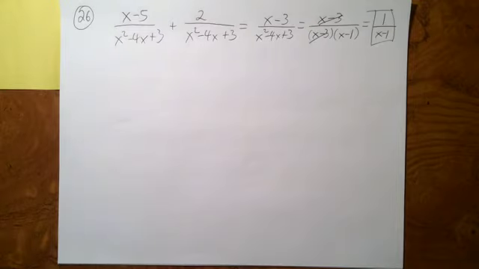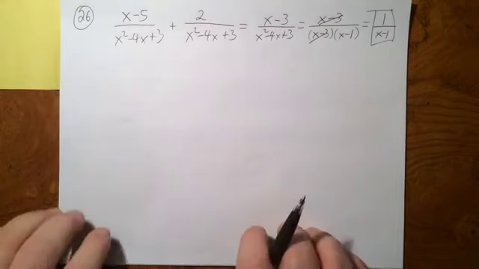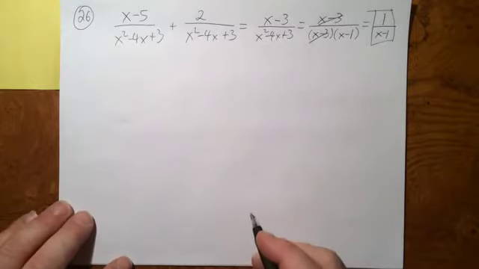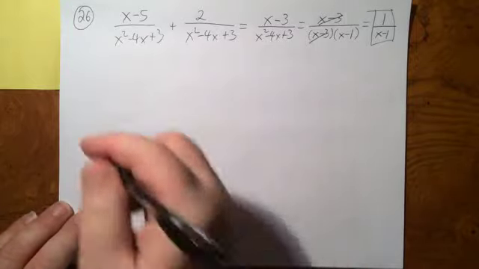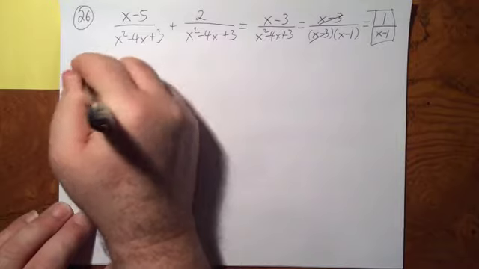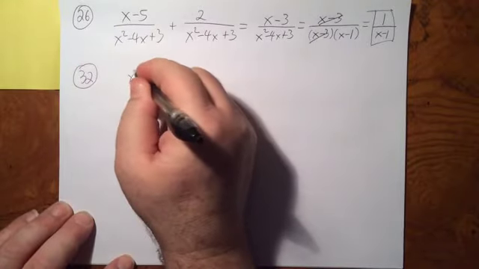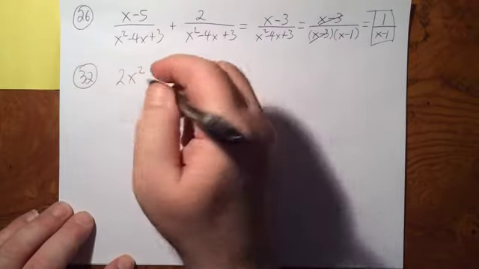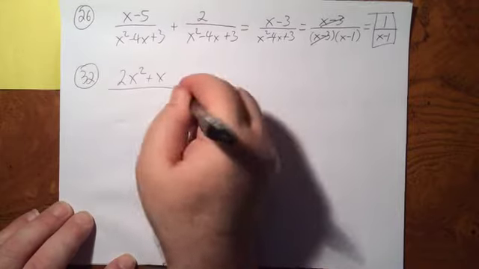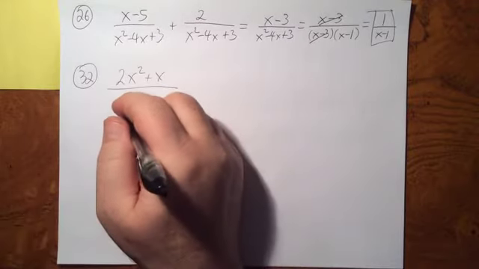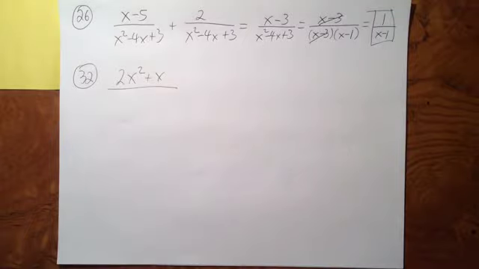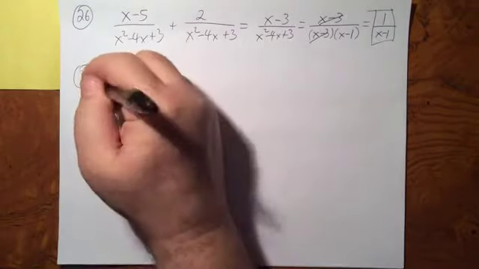Let's go ahead and take a look at just one more problem for this section. We're going to take a look at question number 32. This would be 2x squared plus x over, guys, this is going to actually be 31.